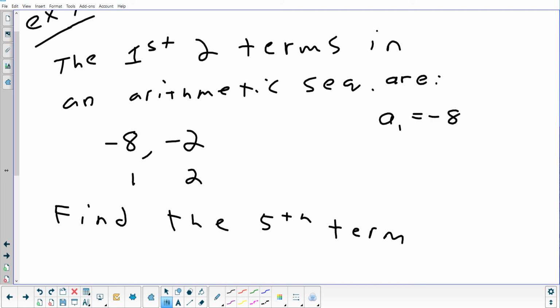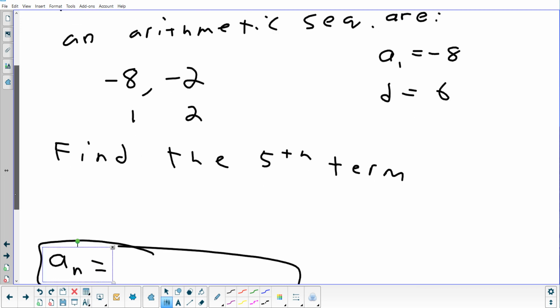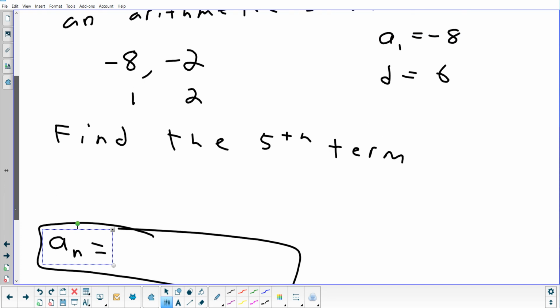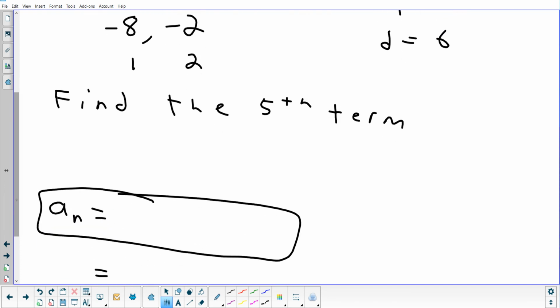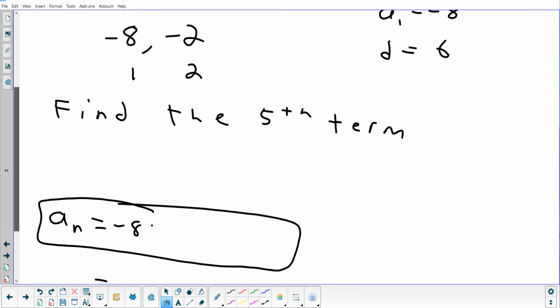And what's the common difference here? 6. It's what you're adding each time to get to the next term. So let's write down what the formula would be. What would I put here for my explicit formula? -8 plus n minus 1 times 6.